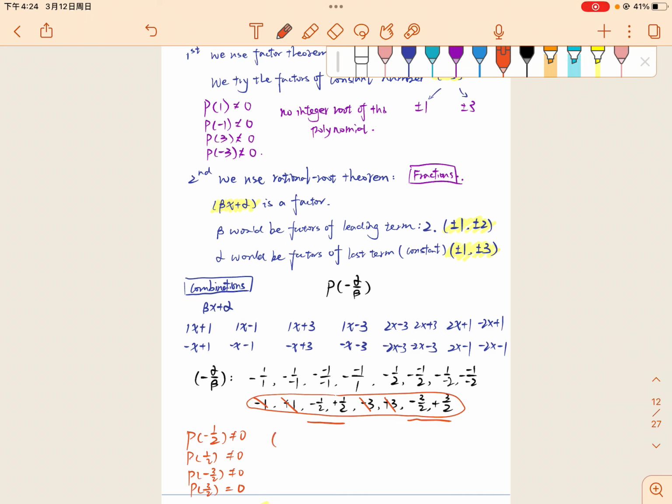So if P(3/2) equals 0, that means negative alpha over beta equals 0. That means 3x minus 2 is a factor.